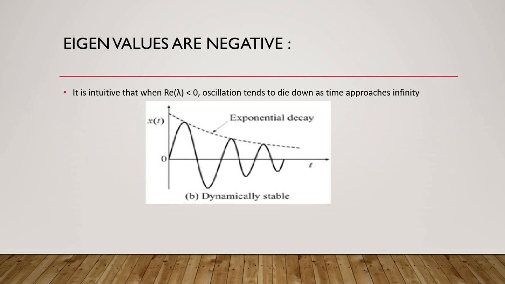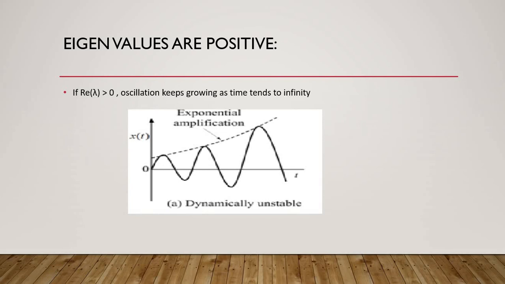Now, if the eigenvalues that we find have real parts greater than zero, that would mean the oscillations would keep on growing as time tends to infinity. That means it will be a dynamically unstable system. It will not be a stable system.